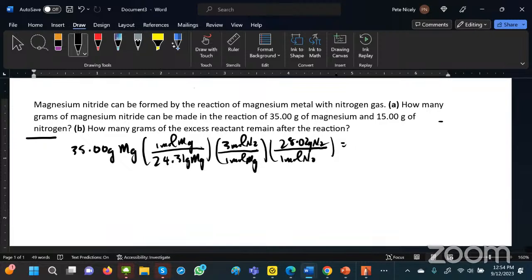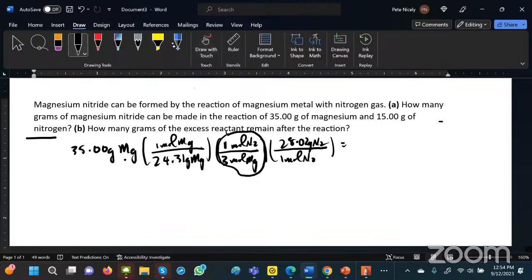What did I do wrong? This is correct, right? 3 moles of nitrogen for every 1 mole of magnesium, right? Or is it the other way around? Oh, okay. I knew something was off. Yes, it was 3 moles. So this should be 3 here, and this should be 1 here, right? Okay, so let me rework this.